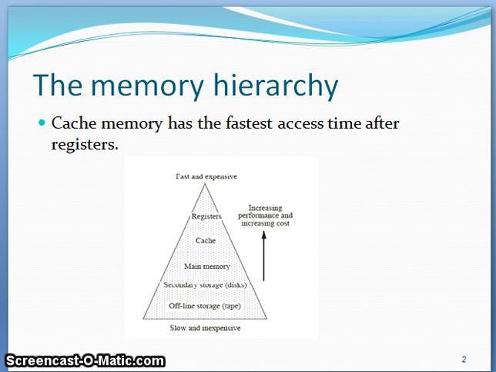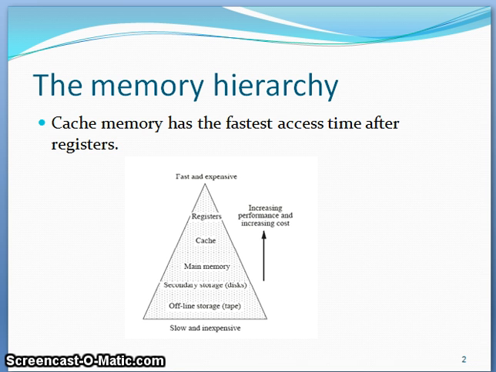First, I'd like to explain the memory hierarchy pyramid. The memory hierarchy pyramid consists of a few memory items within the system, meaning the CPU. The top one is the registers, then the cache memory, then main memory, then secondary memory, and lastly the offline storage.